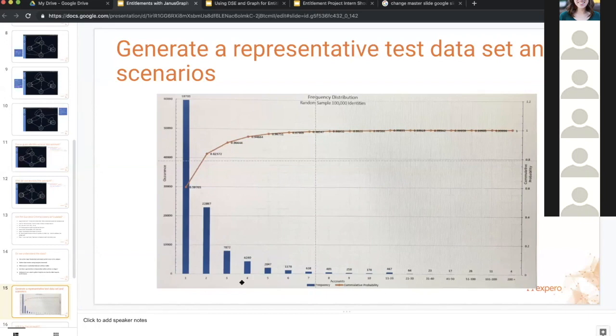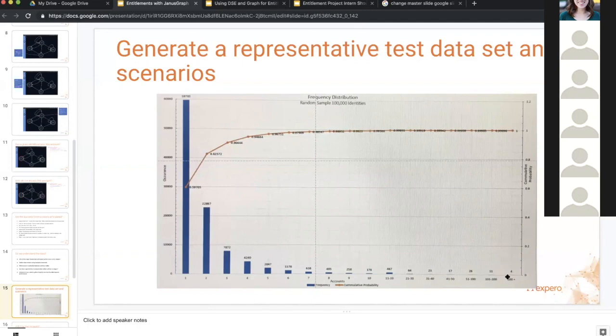It's a small number. But then there are a few that are distributed over here that have access to hundreds of accounts, or possibly thousands of accounts. And in that case, that's going to impact your performance as you're traversing in your graph.